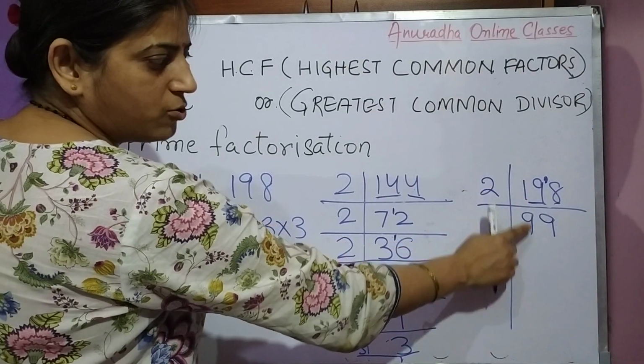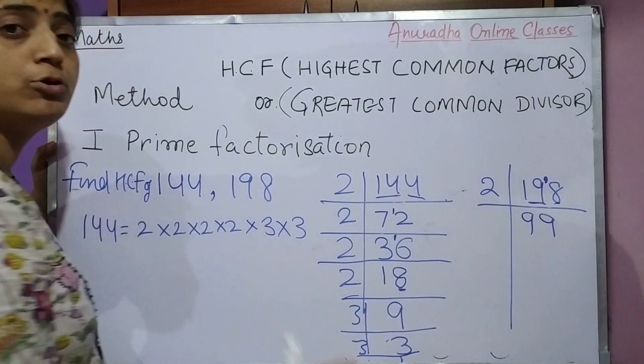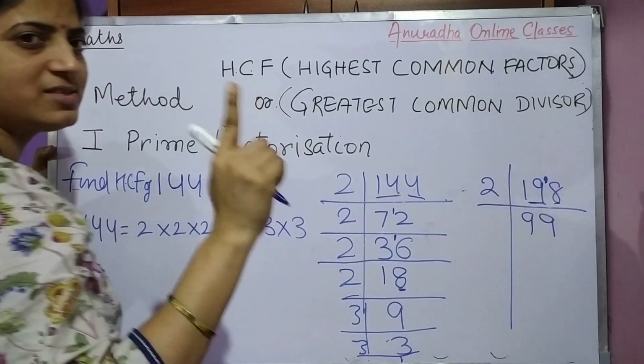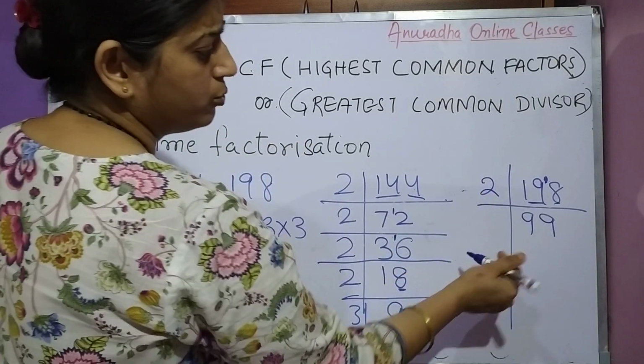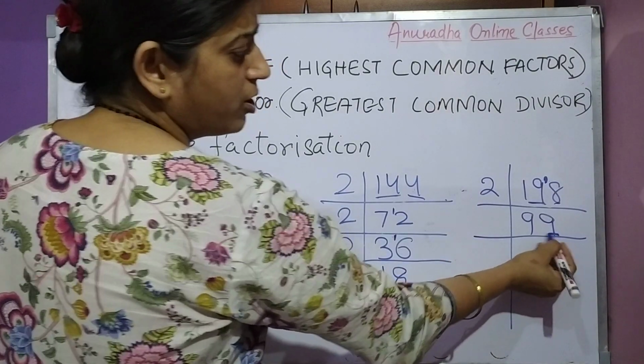This is clear to you. 2 9s are 18. एक बच गया, एक उधर दे दोगे, so it will become 18. 1 tens and 8 ones, that is 18. Now 2 से तो अब नहीं जाएगा. This will not go with 2.